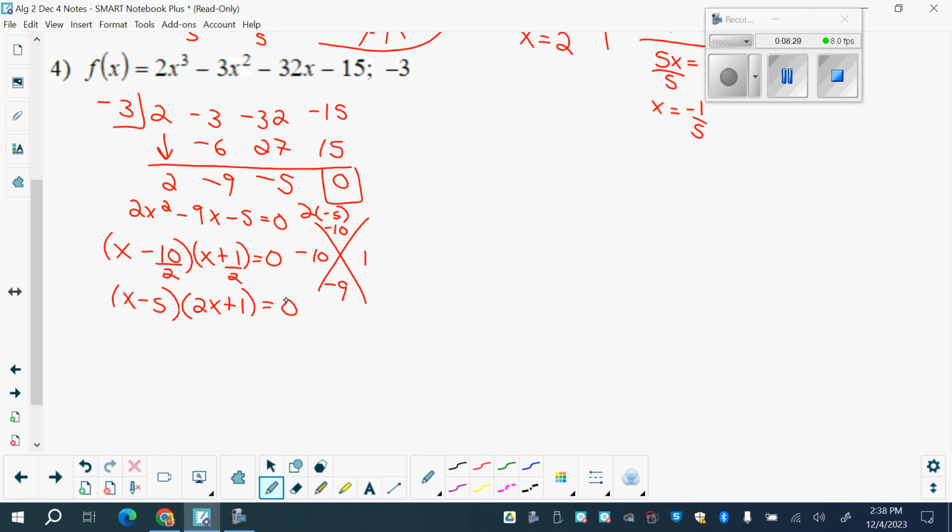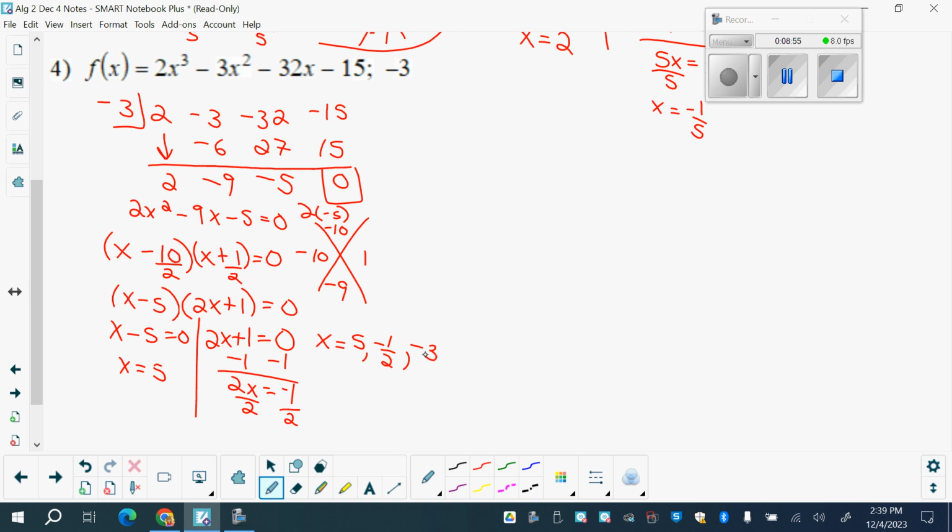Zero product property. X minus 5 is 0. 2x plus 1 is 0. So your answers would be 5, negative 1/2, and negative 3. Go ahead and do the try, please.